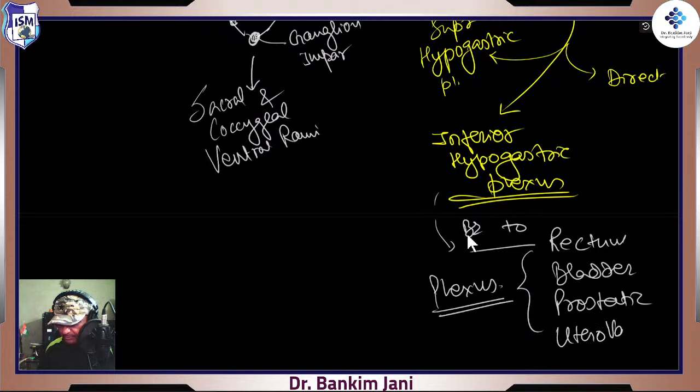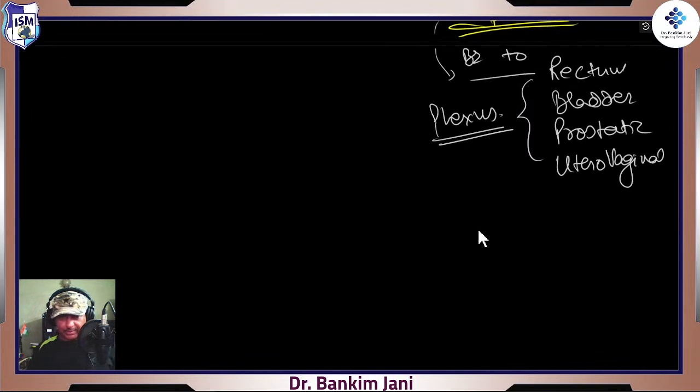It will send to all of them because it is not like a single nerve is going. A plexus is already formed, right? And the inferior hypogastric will give and supply to that. Also, it will give to the rectum, right? But that is from the lower ganglia.